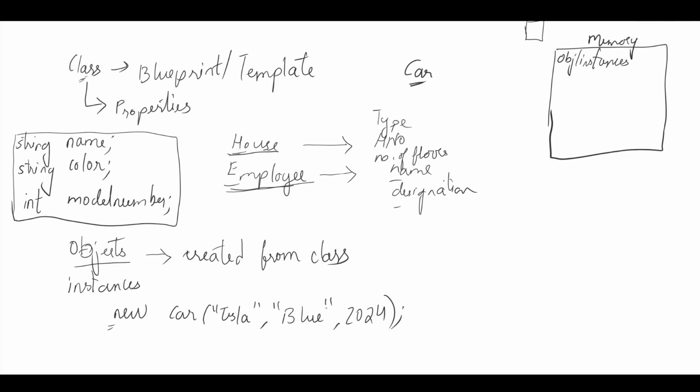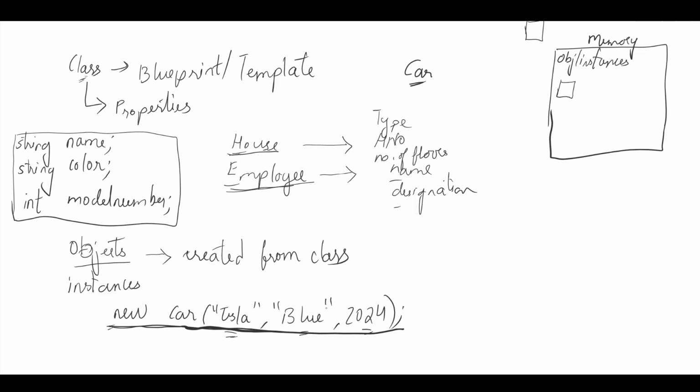In this way we can create the car object. When the execution comes to this line, it will create the object of car. It takes this template, applies these constructor values, and creates it in the memory.